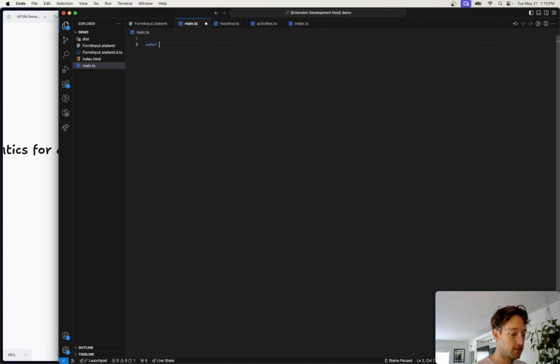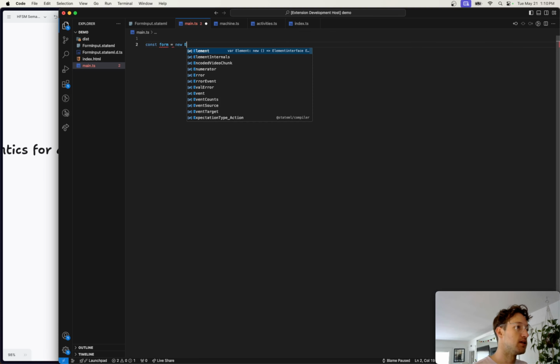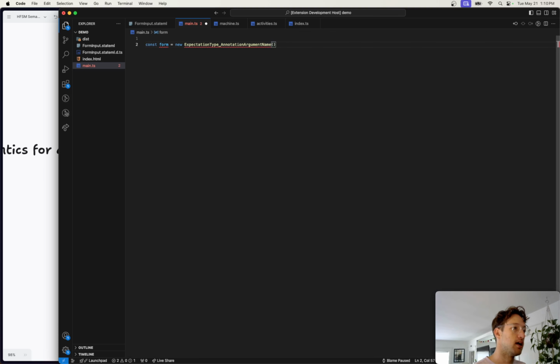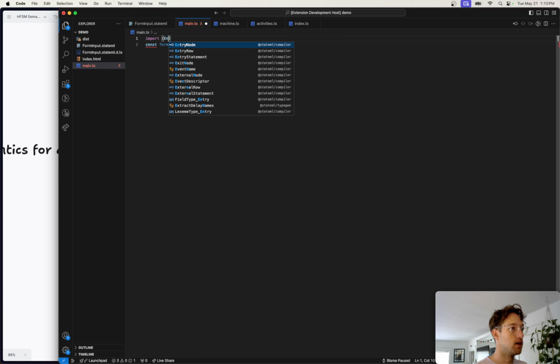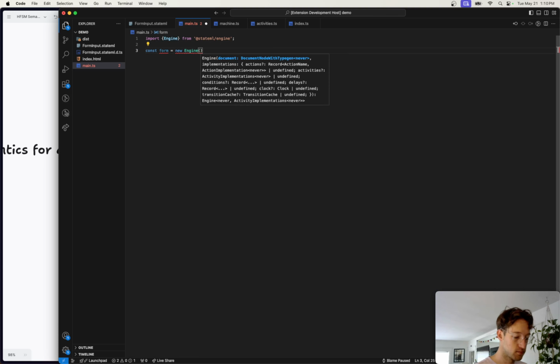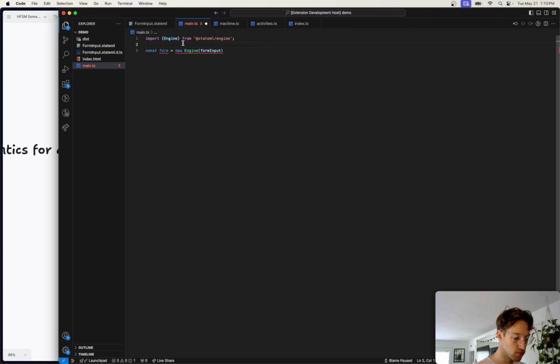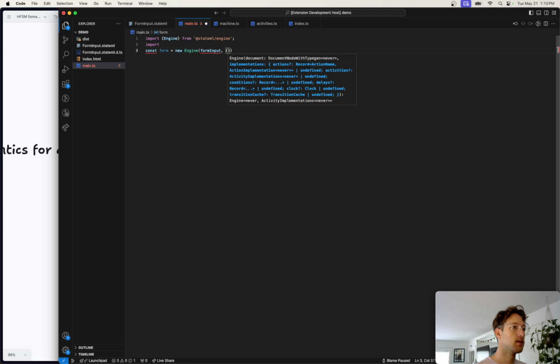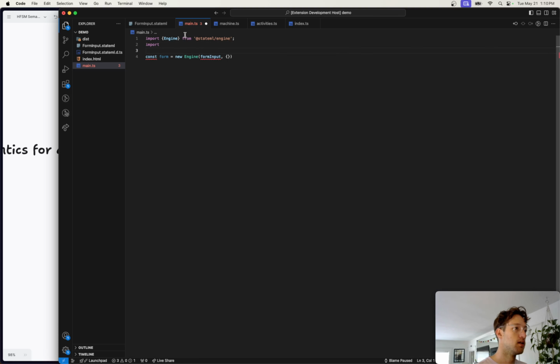So yeah, this is our form, and this is what it's going to look like in JavaScript. We're going to have a form, and it's going to be a new engine. Let me just import. Right, so we're going to have our engine. Next, we're going to import our schematic from the HTML file.